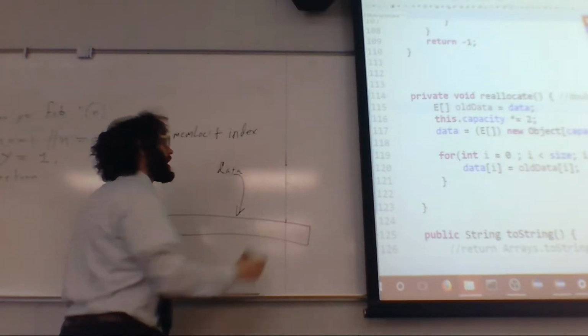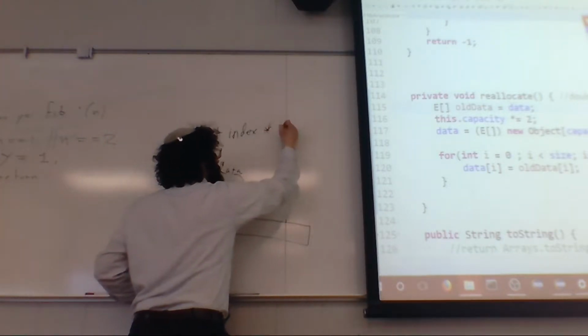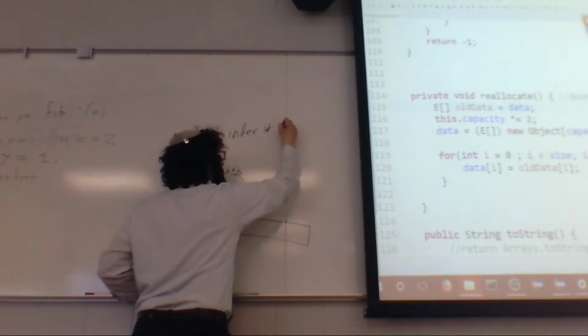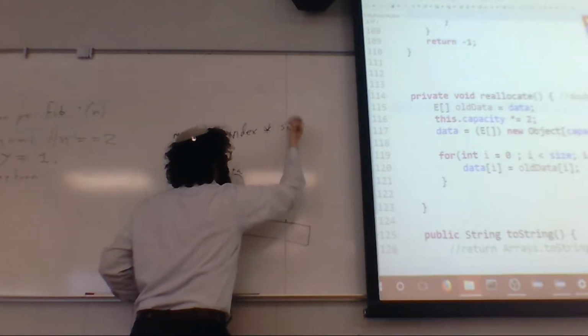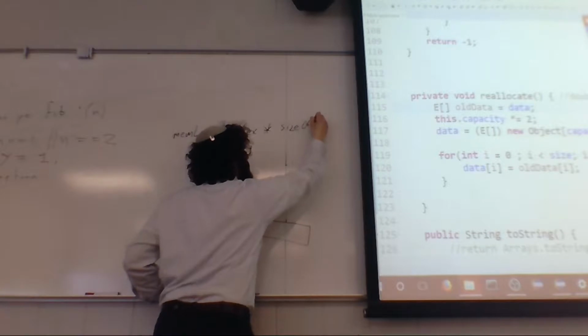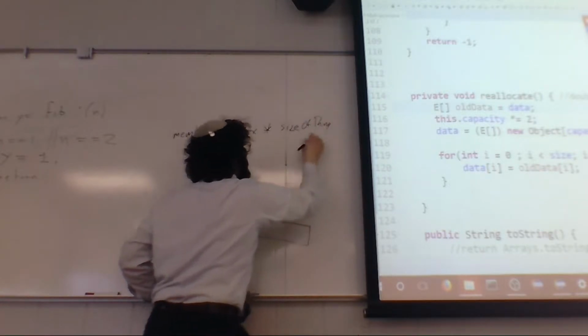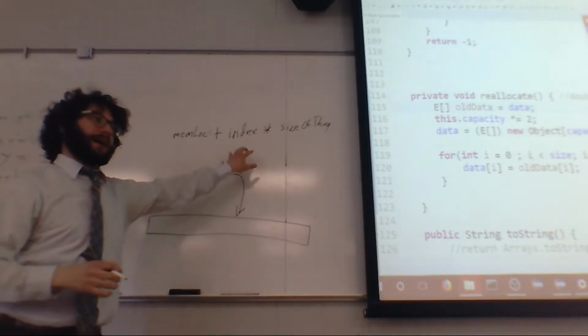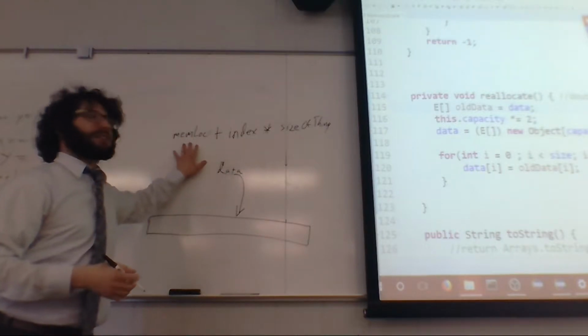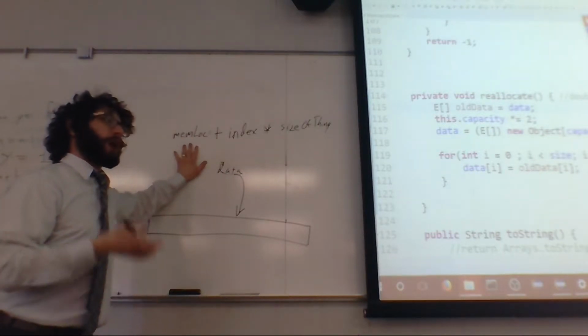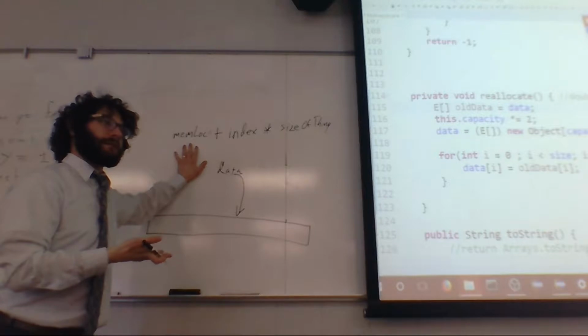times the size of thing, which is the size of whatever happens to be stored in the array. So say the memory location of the array is byte number 100.